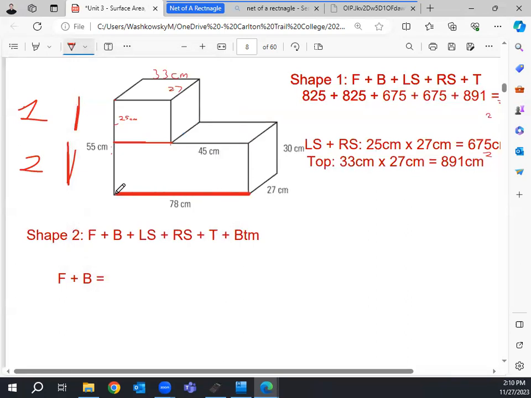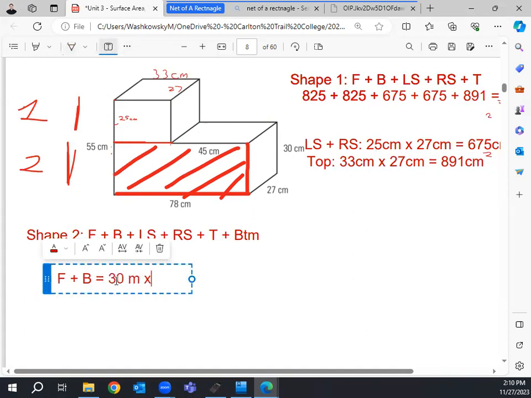So I have the width and the length. So would it be 30 and 78? 30 and 78, exactly. So 30 centimeters times 78 centimeters. So that should give you 2,340 centimeters squared.